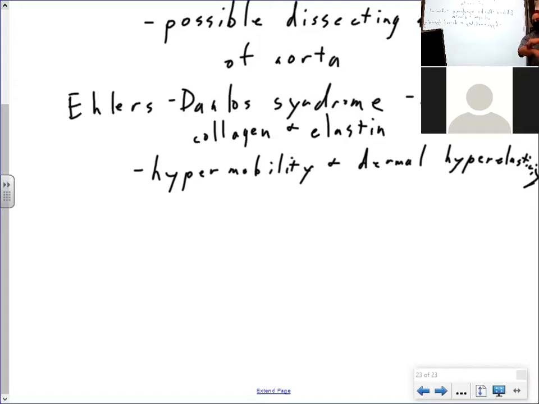Dermal hyperelasticity is being able to pull on your skin and pull it way out. People with Ehlers-Danlos syndrome can do things with their body that other people can't, but it can definitely be very painful as well. They could just be walking around and their hip dislocates, or writing and their shoulder dislocates. It's a very painful, very uncomfortable way to live their life.